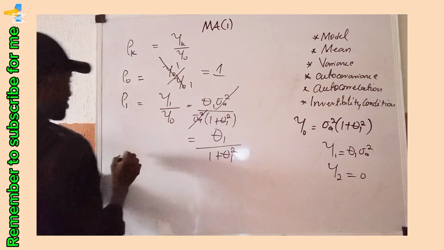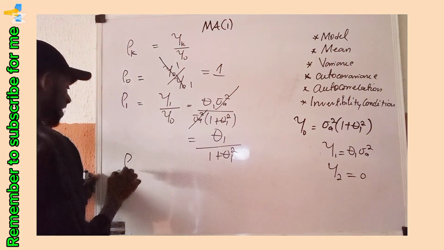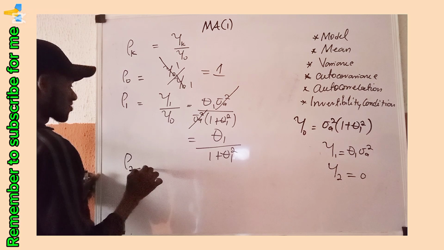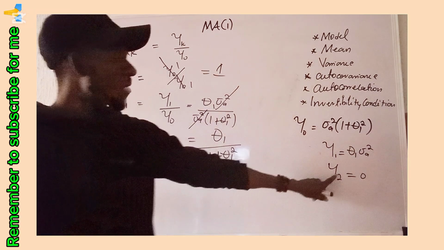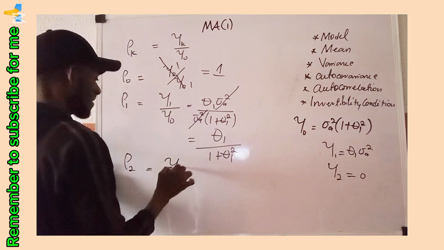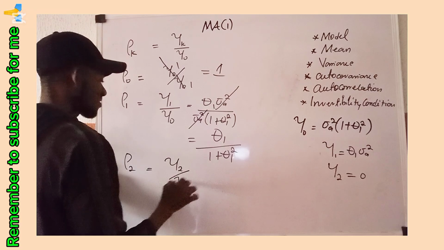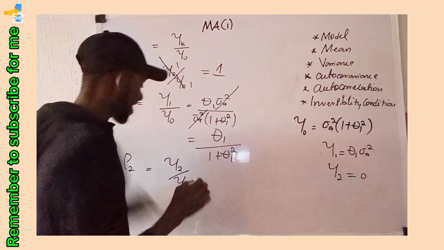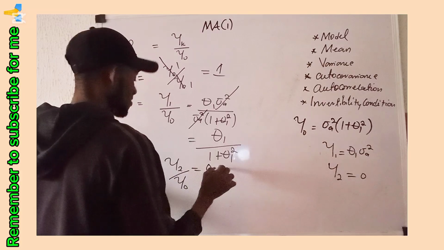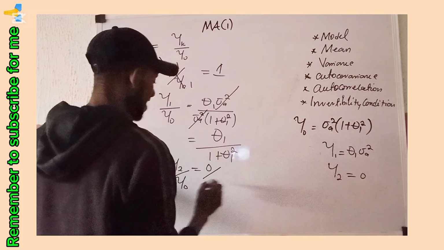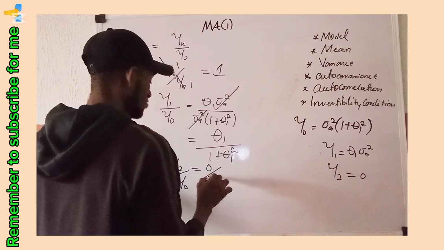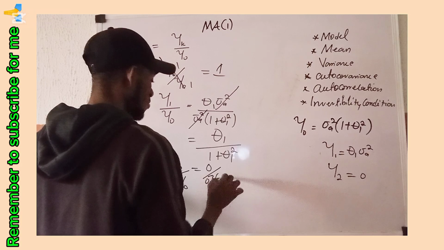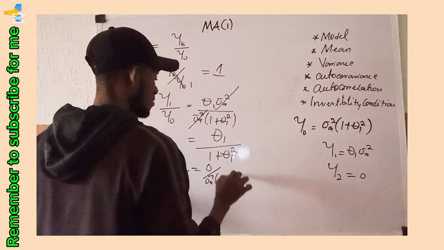So the autocorrelation at lag 2 now is going to be our gamma 2 all over gamma 0. And our gamma 2, of course, was 0 earlier. So this becomes 0 all over this variance, which is sigma squared of A into 1 plus theta 1 all squared.